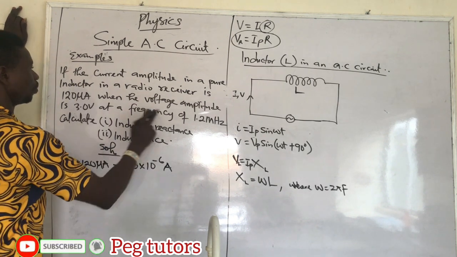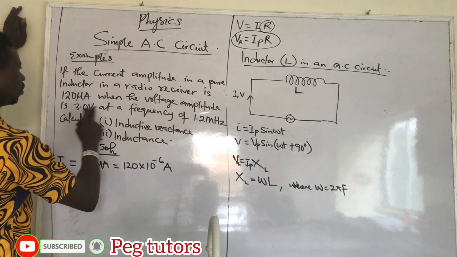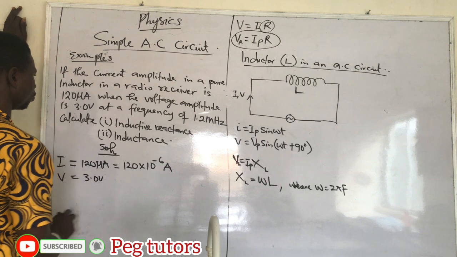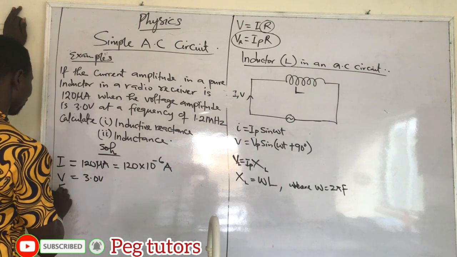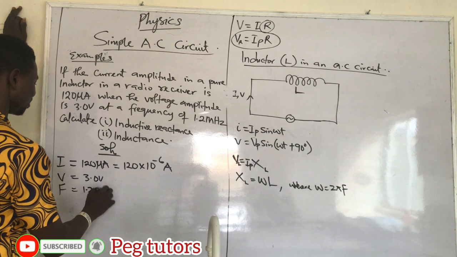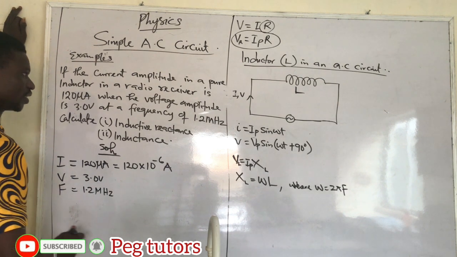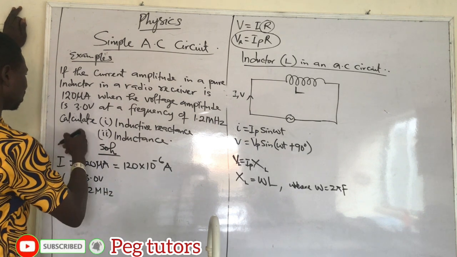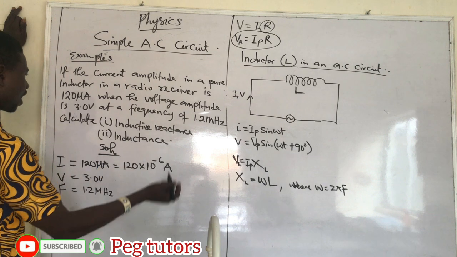Then your voltage is given as 3.0 volts. Then your frequency is given as 1.2 megahertz. Normally this is supposed to be in hertz, so mega should be times 10 raised to power 6. I think that's all that is given to you.